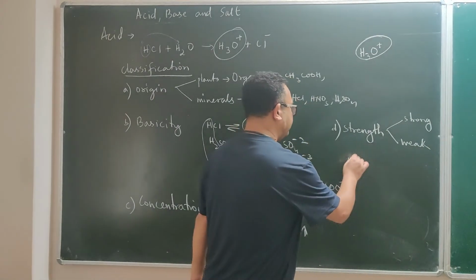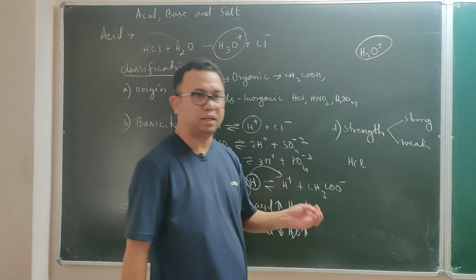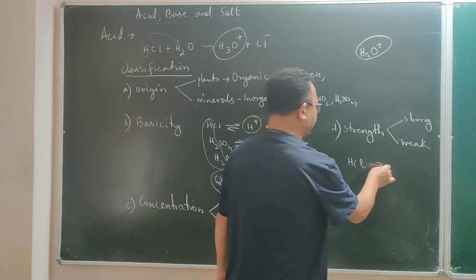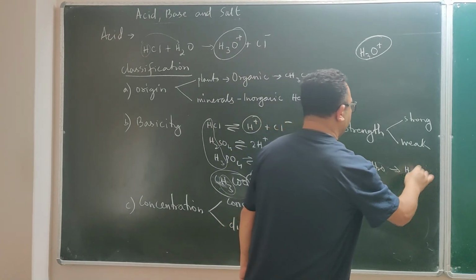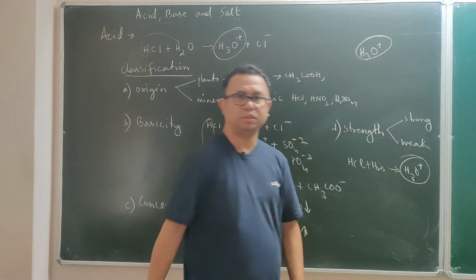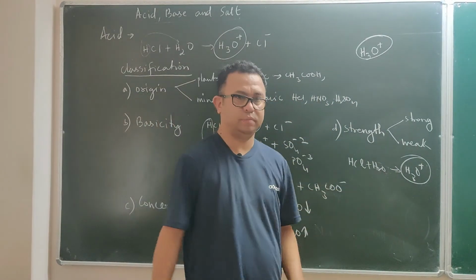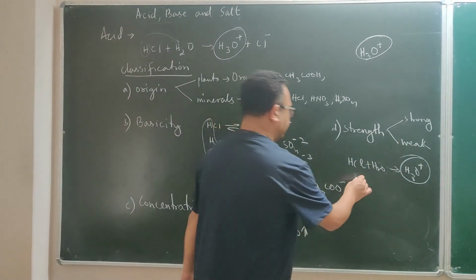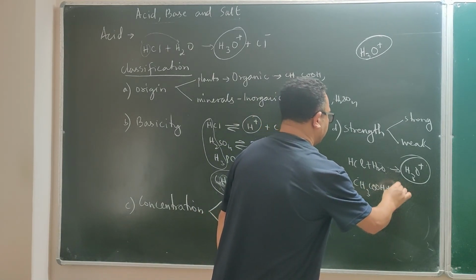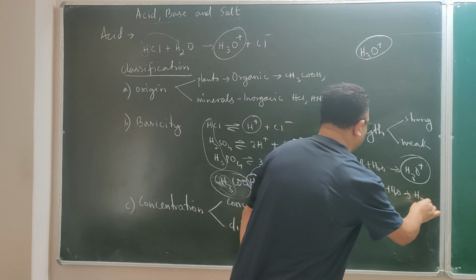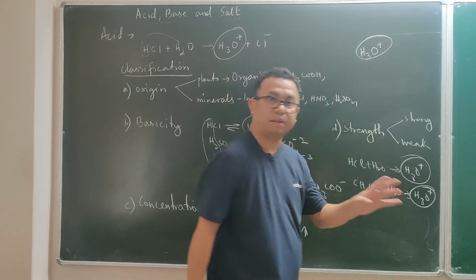For example, HCl is a strong acid because when HCl is dissolved in water, it produces plenty of hydronium ion. So the quantity of hydronium ion produced here is very large. So we say strong acid. Whereas acetic acid is a weak acid. Why is acetic acid a weak acid? Even though it is dissolved in water and produces hydronium ion, the number of hydronium ion produced will be very less.